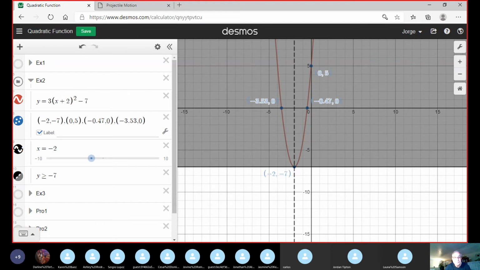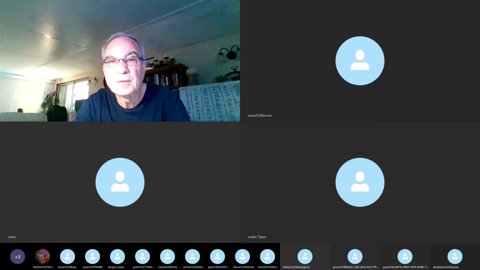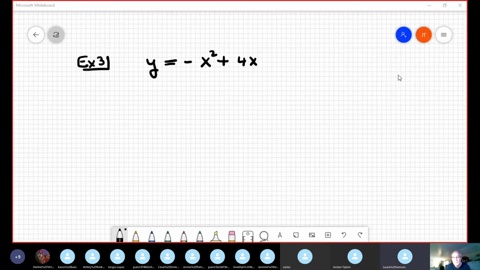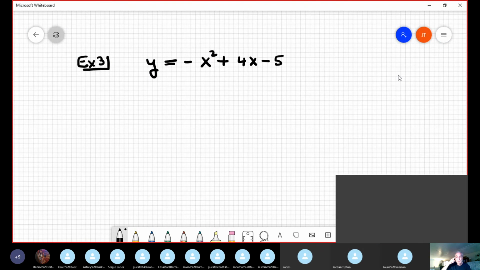Suppose y equals minus x squared plus, it's blank. There you go. Share window. Can you see now? Yes. Minus 5. See my example 3.